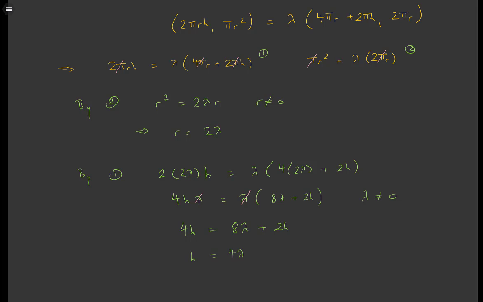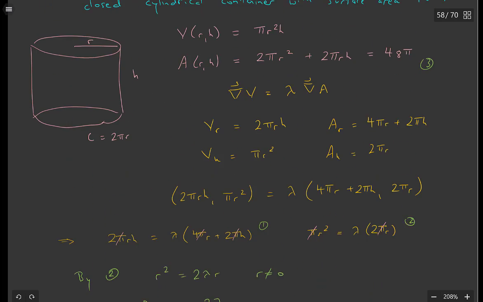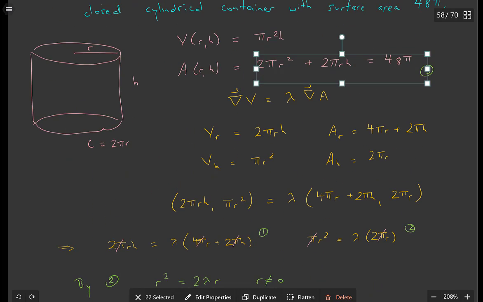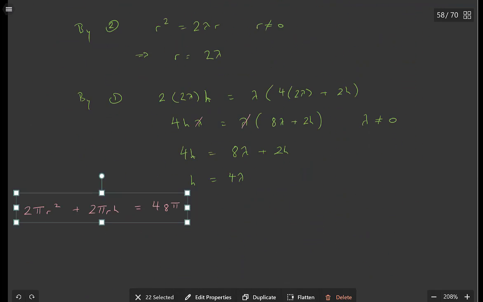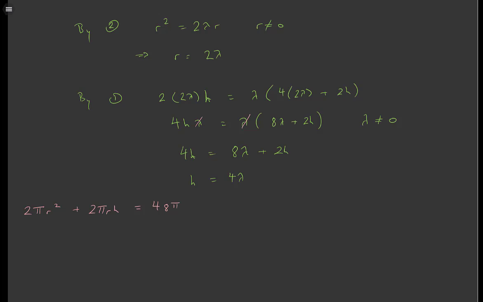We can now use our constraint to figure out what lambda should be. Remember, our constraint says 2 pi r squared plus 2 pi rh is equal to 48 pi. Let's cancel out those pi's. And then let's replace r with 2 lambda and h with 4 lambda.